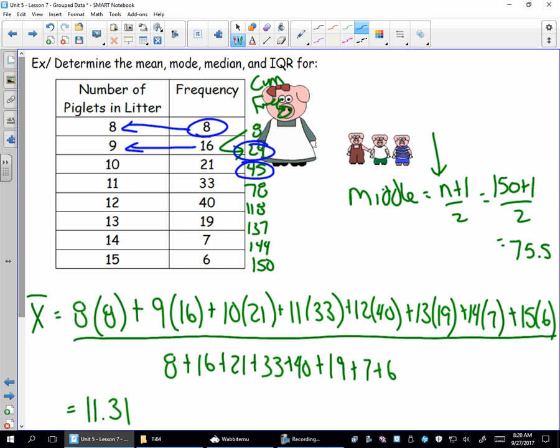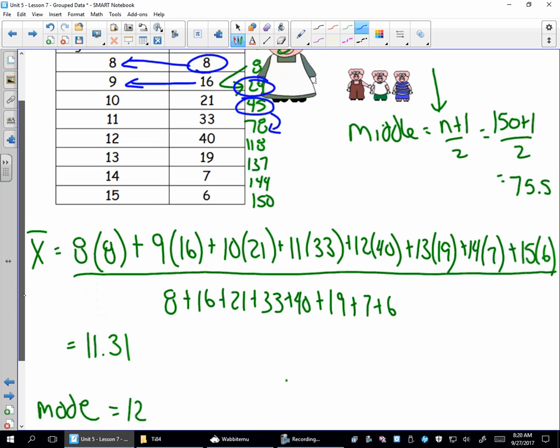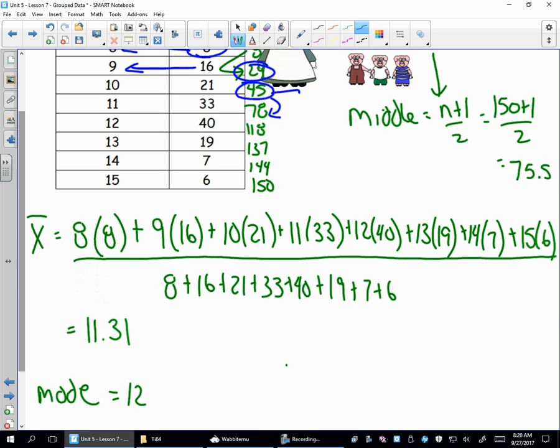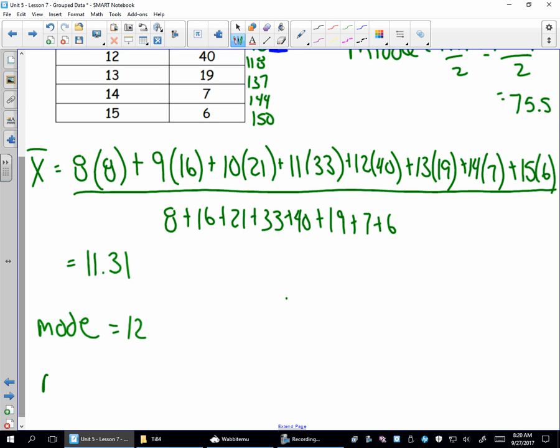The next numbers are all going to be 11s. Every number between the 45th piece and the 78th piece are all 11s. So the median, which is located at 75.5, is in the interval between 45 and 78, somewhere in this interval. And we know all of those numbers are 11. And so it's a bit of a thinking question here for median.